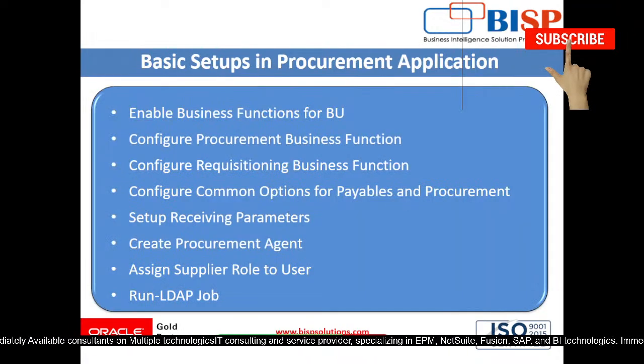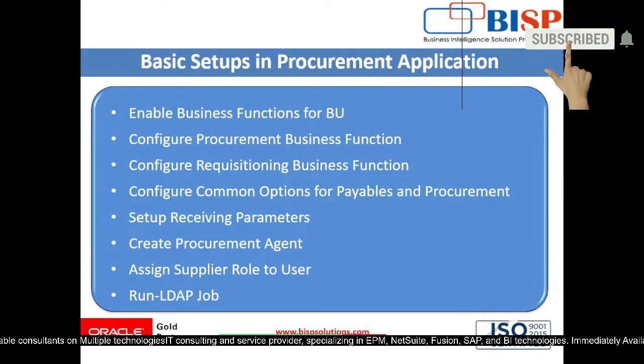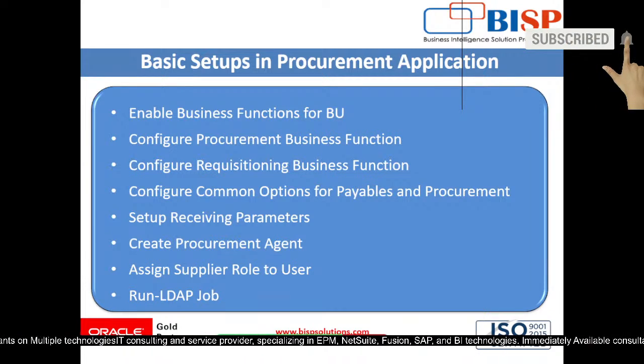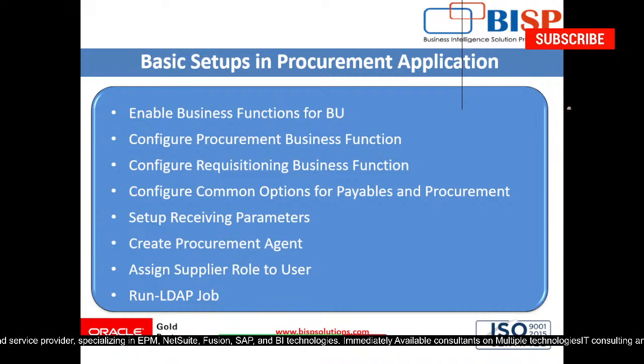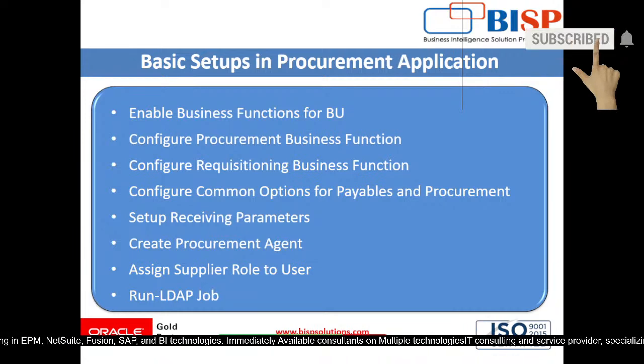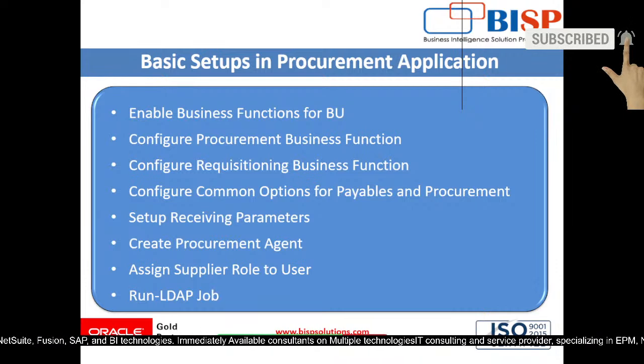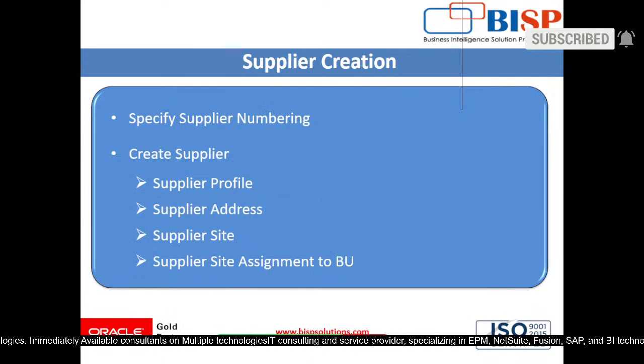We have some basic steps: how to enable the business functions for our business unit, configure the procurement requisitioning business functions, what the common options for payables in procurement are, like payment terms, and set up the receiving parameters, how to create the procurement agent, how to assign supplier roles to the user like supplier manager, and after that run the ESS job and specify the supplier numbering.